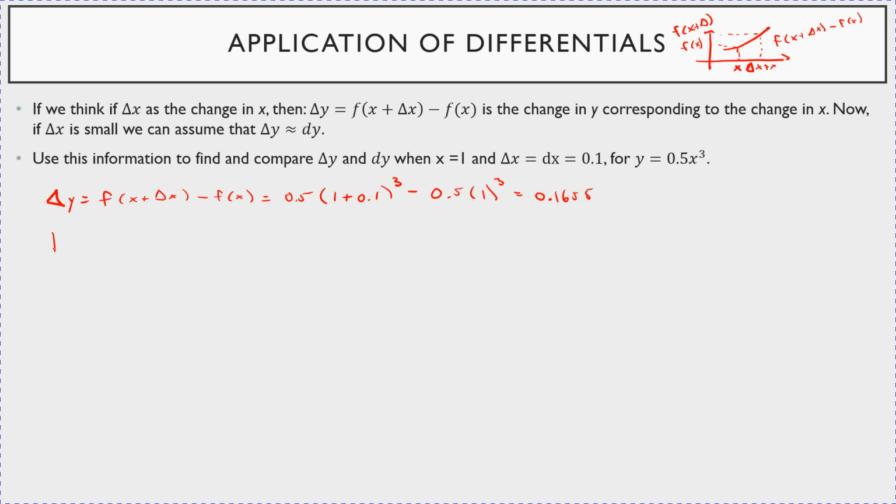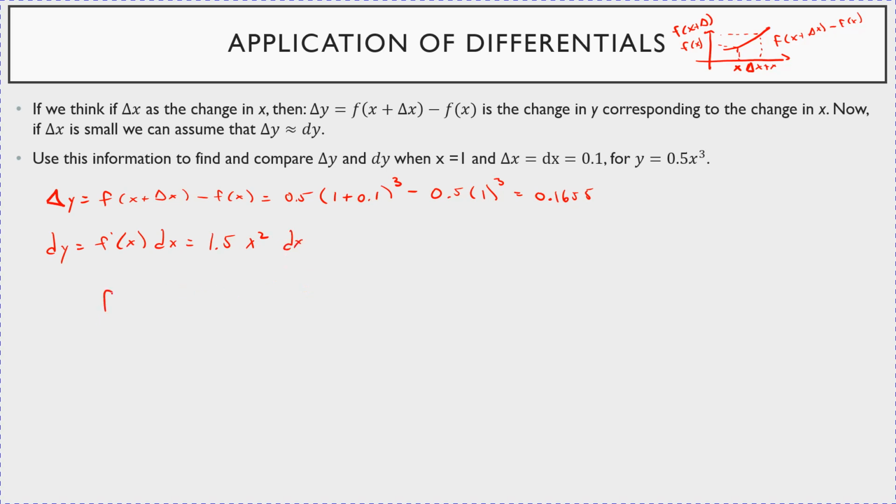Now, what is dy? dy is f prime of x times dx. Well, what is f prime of x? You'd bring the 3 down, you'd end up getting 1.5 times x squared, times dx.